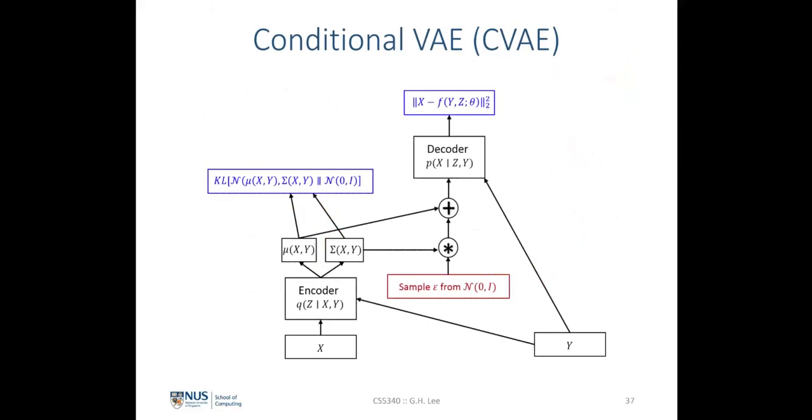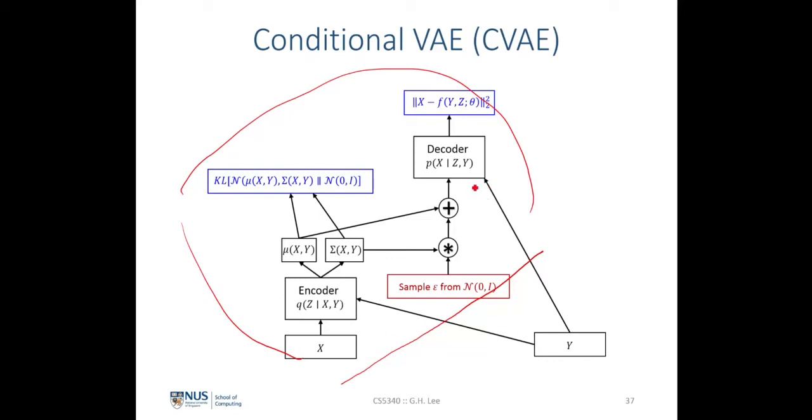Here's the diagram to show the conditional VAE. So this part of the VAE is exactly the same as before, except that now, instead of just inputting x, we're going to also input the known label into the encoder as well as the decoder.